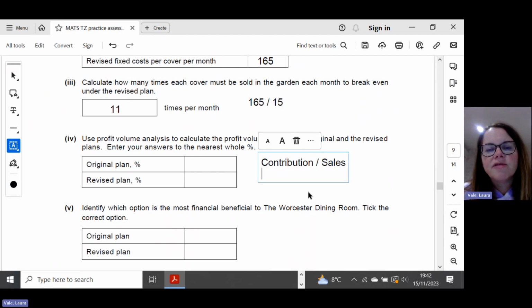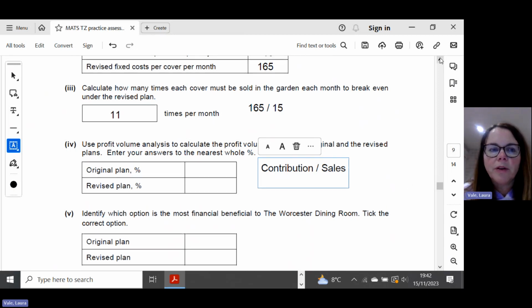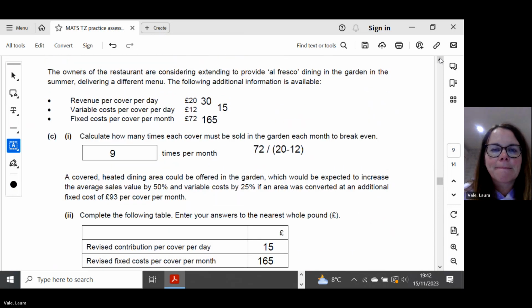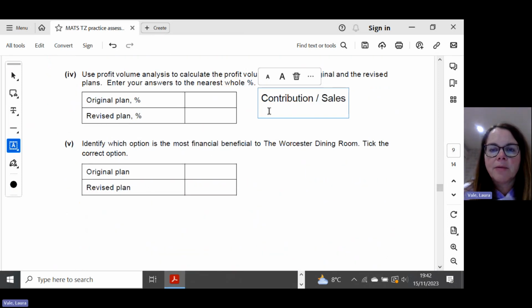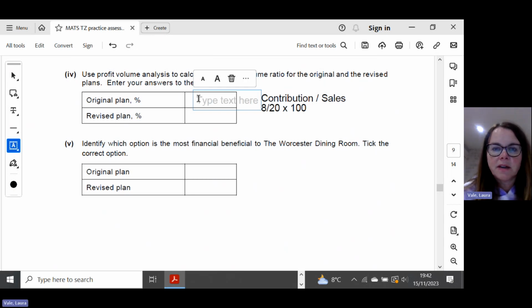So with the original plan, my contribution was 8 and the sales were 20. So it's going to be 8 divided by 20 times 100, which gives us an answer of 40%.